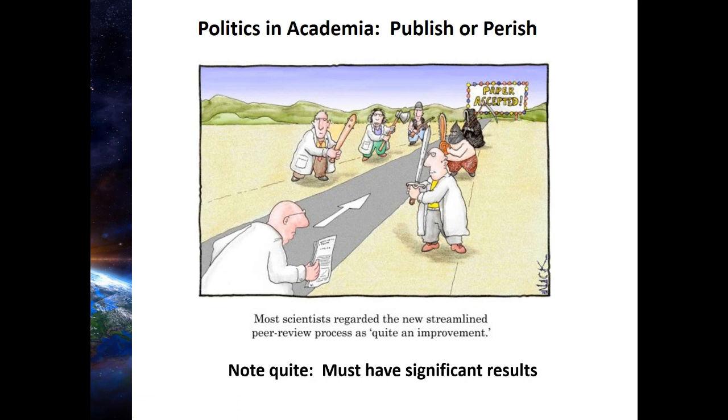And this creates a little bit of a problem here because journals, again, in order to get your paper accepted, you have to show significant results. Well, that puts a lot of pressure on faculty, right? They need to get those significant results if they're going to advance through the ranks. They need to get those significant results in order to get tenure.